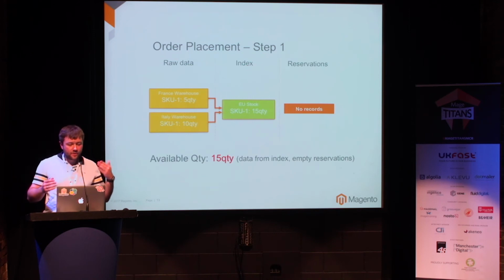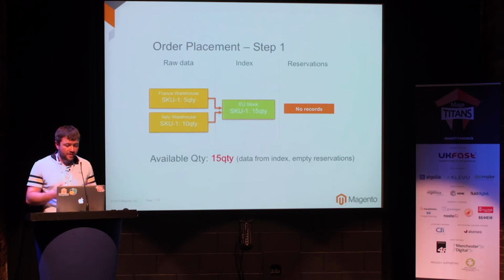Currently we have 5 items in France and 10 items in Italy. We sum them up and get 15. That's the total quantity we have for the EU stock, and we don't have any reservations. So if a customer comes to the website, he would see that the available quantity of items is 15.